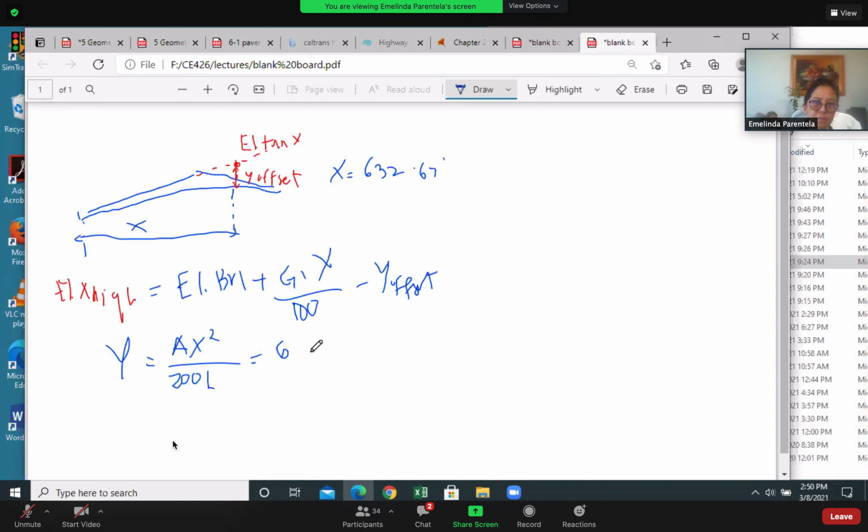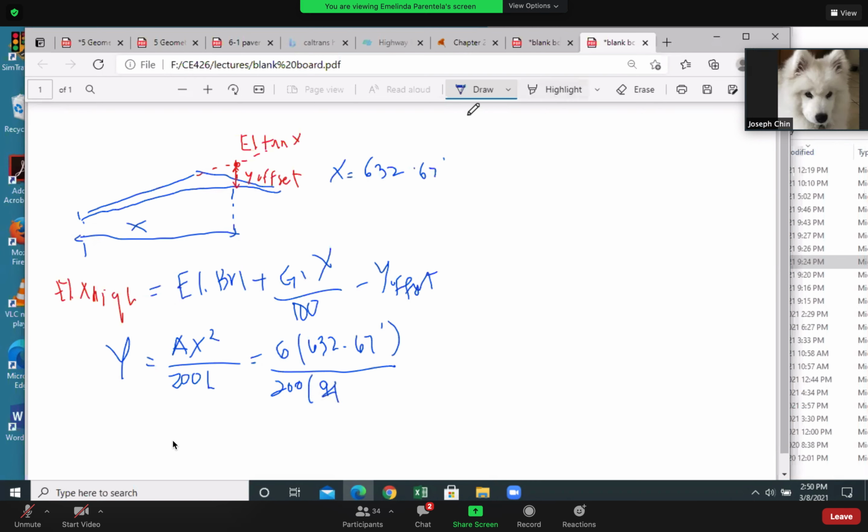So we can substitute it here, 632.67 feet over 200. And we know L, right? L is 949 feet. Don't forget to square the x.